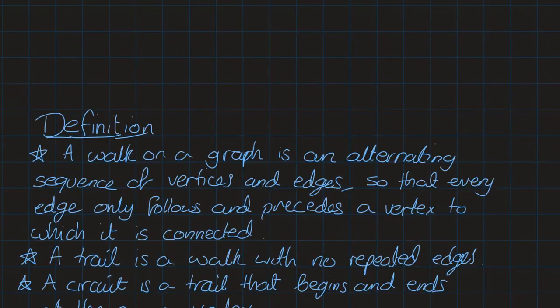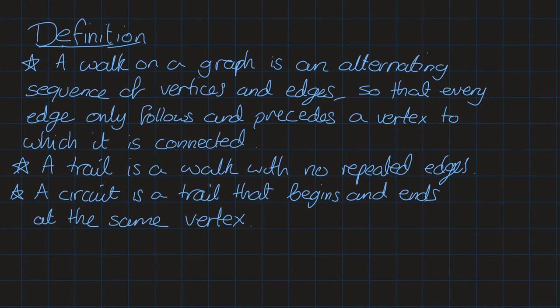Let's begin. The definition. A walk on a graph is an alternating sequence of vertices and edges so that each edge only follows and precedes a vertex to which it is connected. That's a really confusing way of saying something which is geometrically really simple.